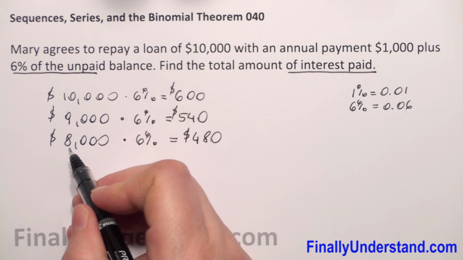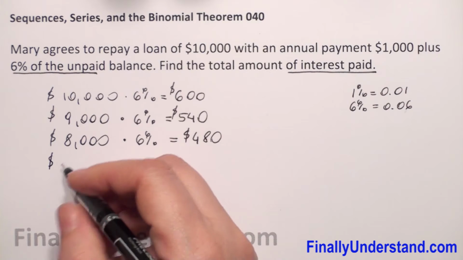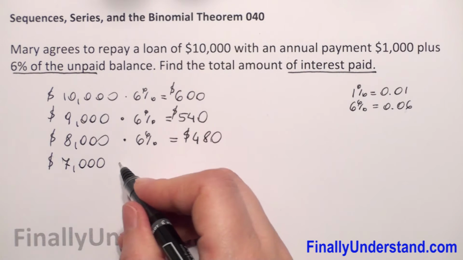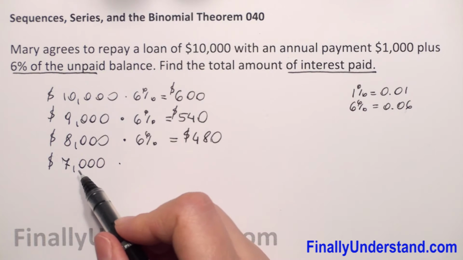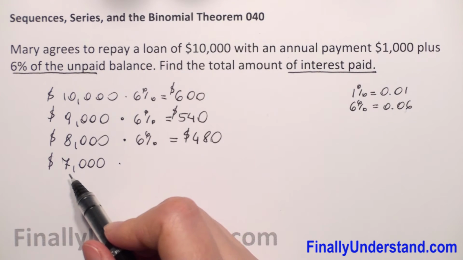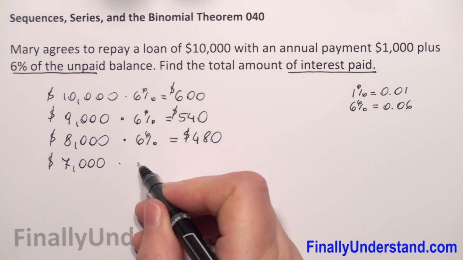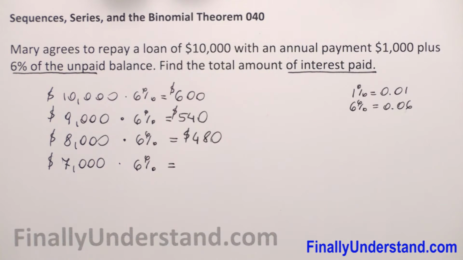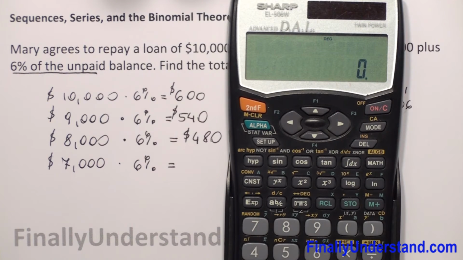Next, she has to pay 1,000. So now she has 7,000, and we have to find how much she has to pay the interest from $7,000. So we have to find the 6% of $7,000. So it will be 7,000 times 0.06.